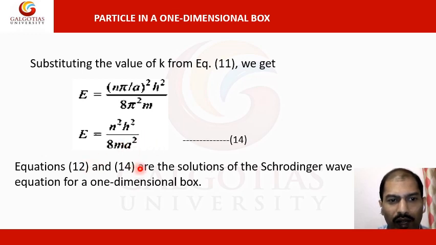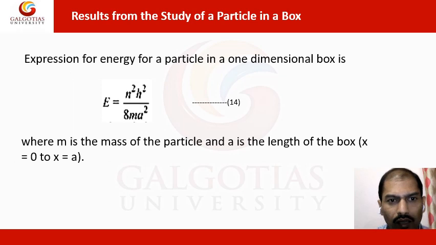So equation 12 and equation 14 are the solution of the Schrodinger wave equation for the one-dimensional box. You will find the solution in an energy equation which takes the shape n square h square upon 8m a square.